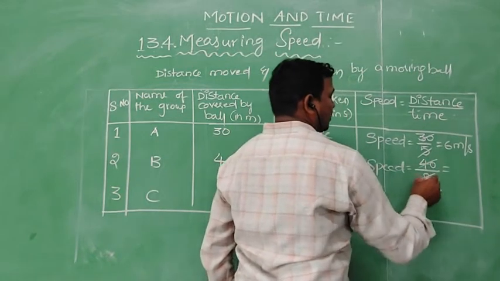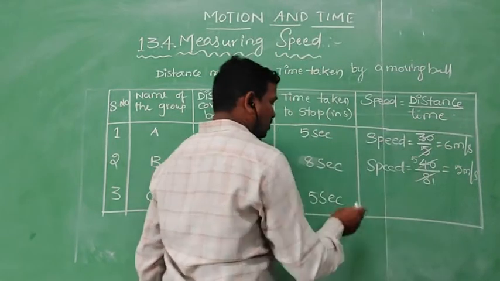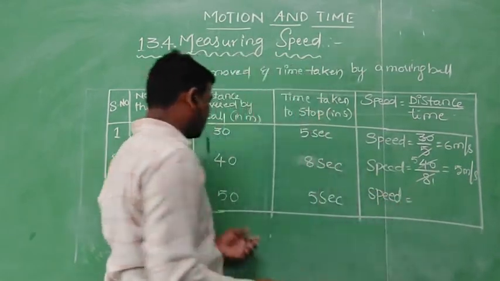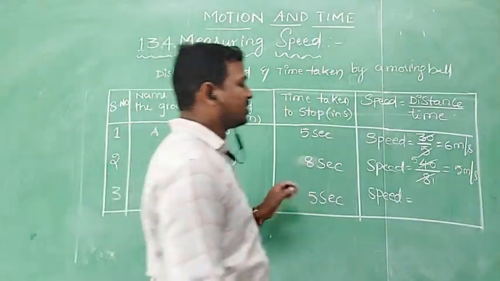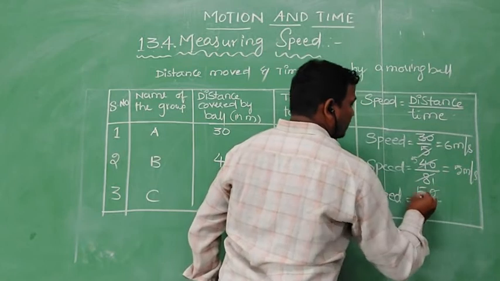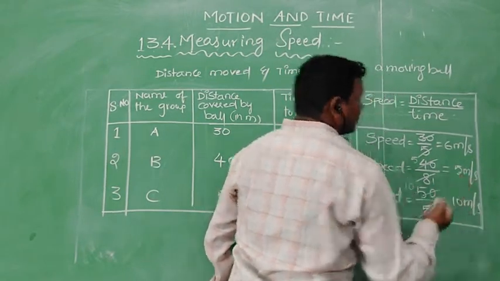How much? 8 fives are 40, so 5 meter per second is the speed. Now ball C, Group C: speed is equal to distance by time, 50 of distance. For that we take 5 seconds of time, 5 tens are 50, so 10 meter per second.